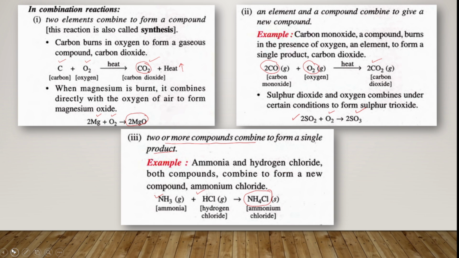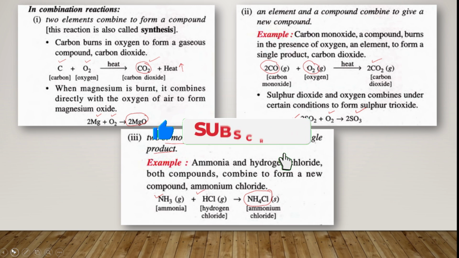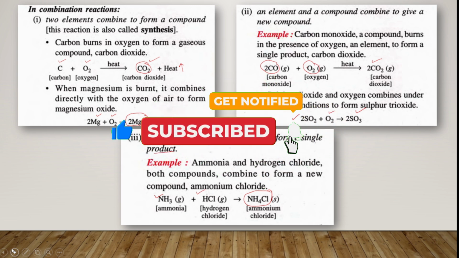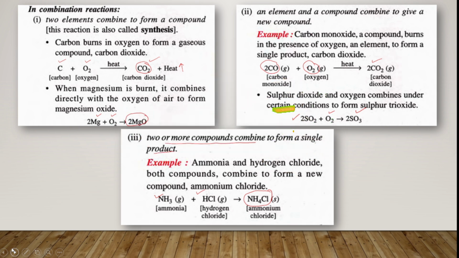In the second type, one is an element and the other is a compound, combined together to form a new compound. In the third type, two or more compounds combine together to form a single product. These are the three types of combination reactions. Hope you are clear with it. The rest of the three reactions we will study in the next class.